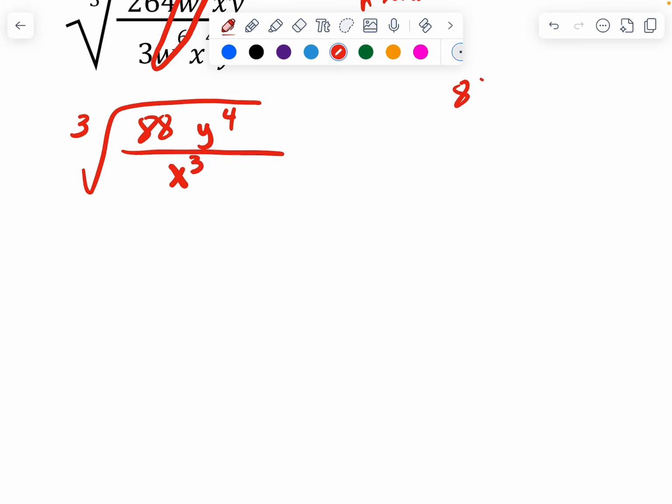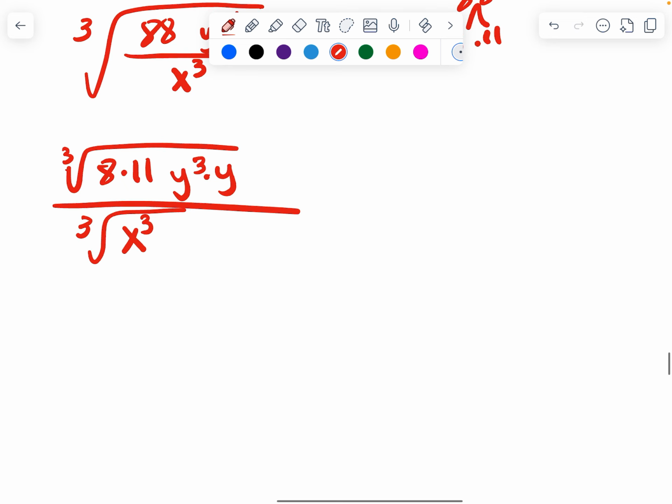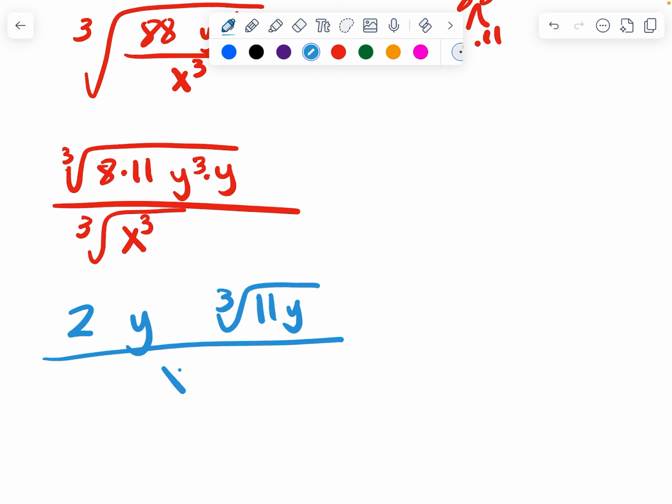So 88, that's 8 times 11, and 8 is a perfect cube. So 8 times 11, y to the 3 times y over x to the third, and the cube root of that. Okay, so here we go. The cube root of 8 is 2. We cannot take the cube root of 11, so we write it over here. The cube root of y to the third is y. We can't take the cube root of just plain old y over x.